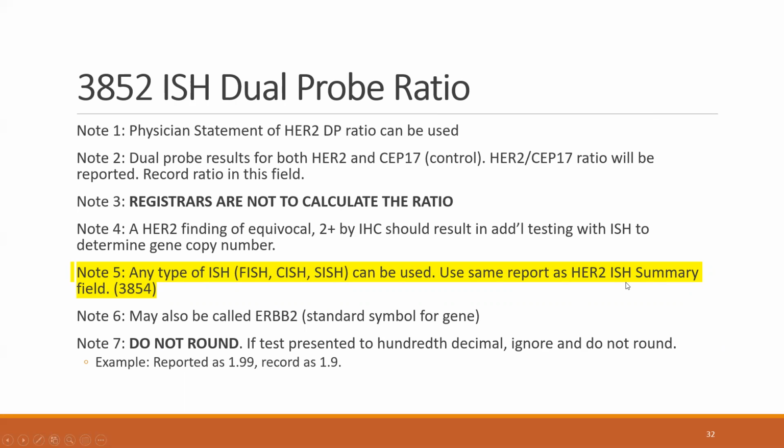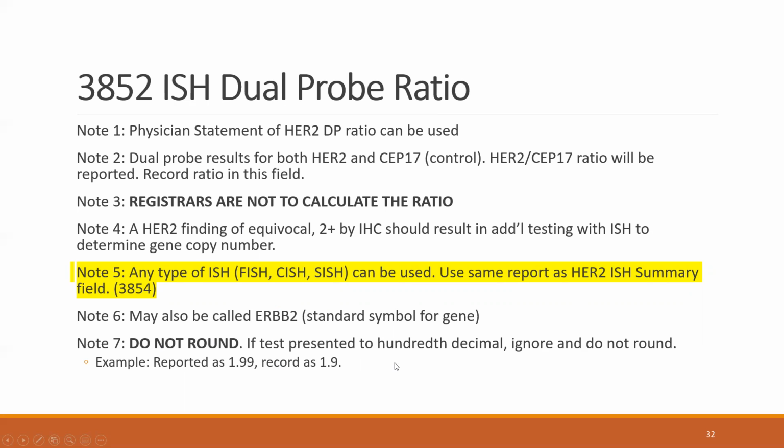But use the same report for your dual probe ratio and your copy number. You might see this term, ERBB2. That's actually what the gene is, but typically it's reported out as HER2.